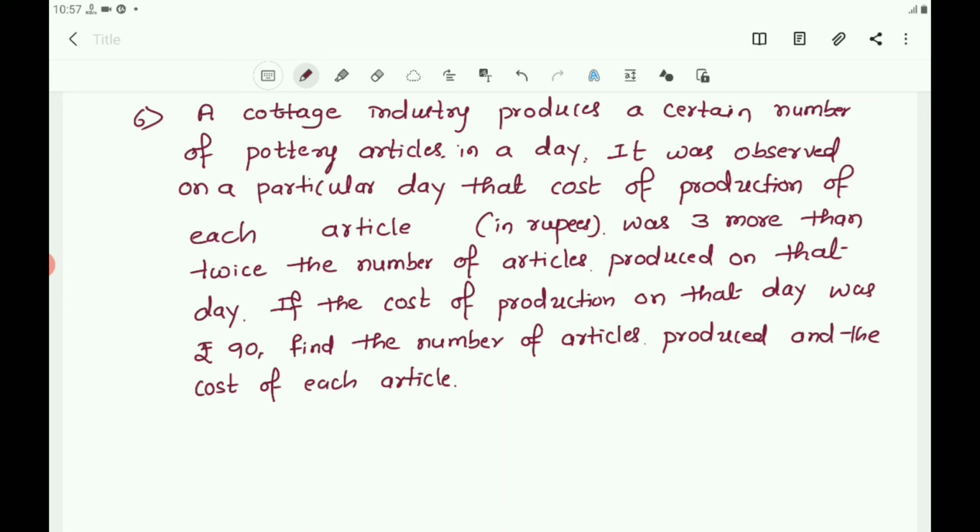If the cost of production on that day was rupees 90, find the number of articles produced and the cost of each article.